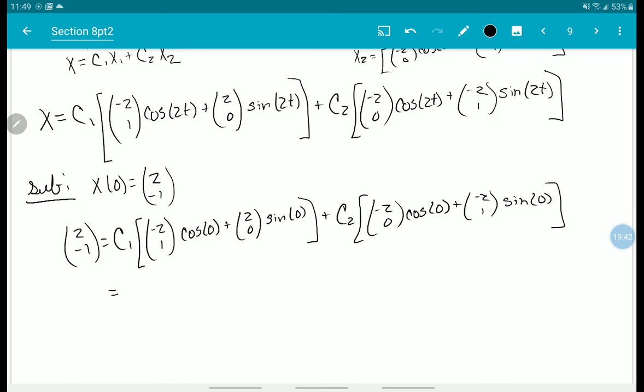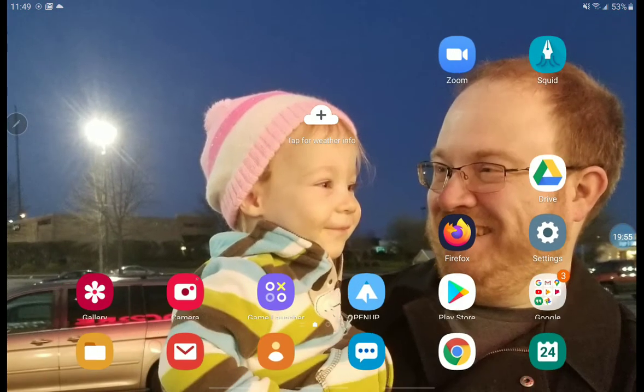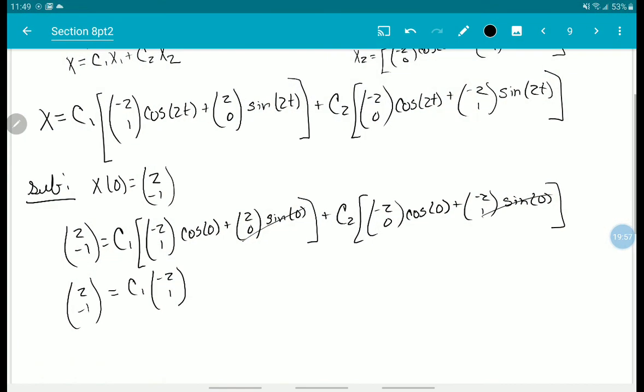So I'm going to simplify some stuff. We know sine of 0 is 0, and we know cosine of 0 is 1. So we have C1 times negative 2, 1, plus C2 times negative 2, 0. This guy's a system of equations.